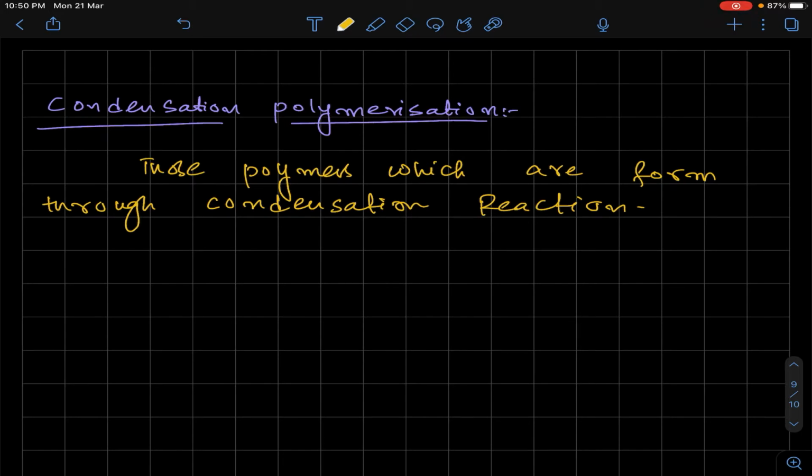An example of condensation reactions, you have studied esterification. Esterification is another example of condensation reaction. So what are condensation reactions if you want to define them?